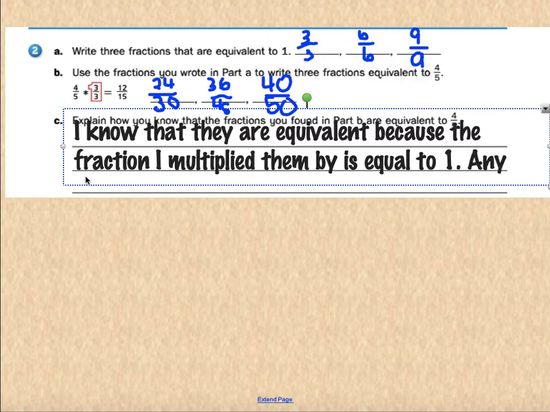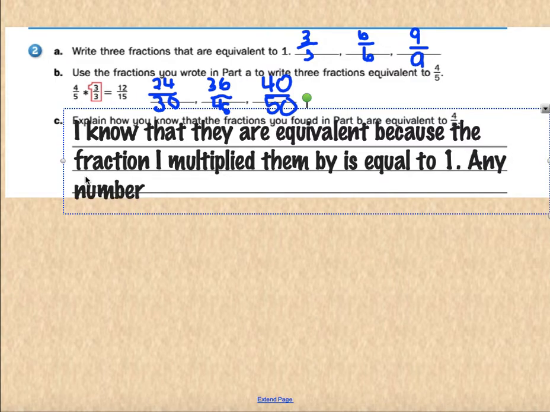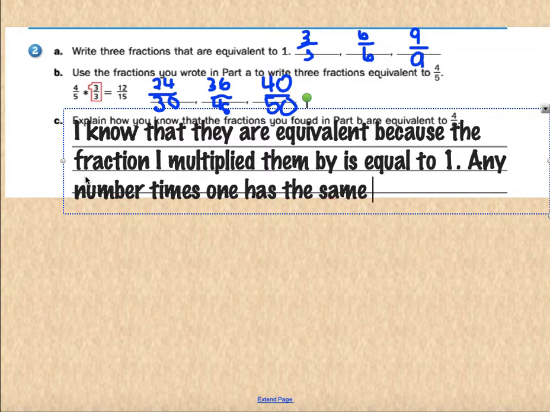Any number times 1 has the same value. Okay? So take a moment and write that in your journal. If you need to pause, you can do that.